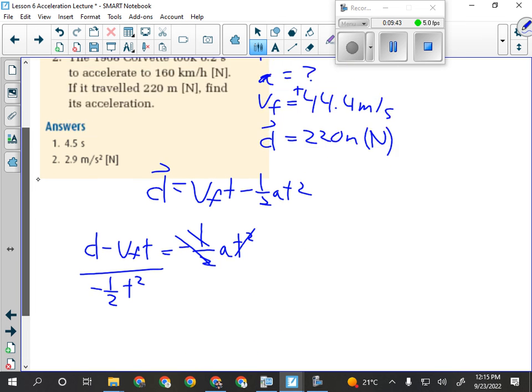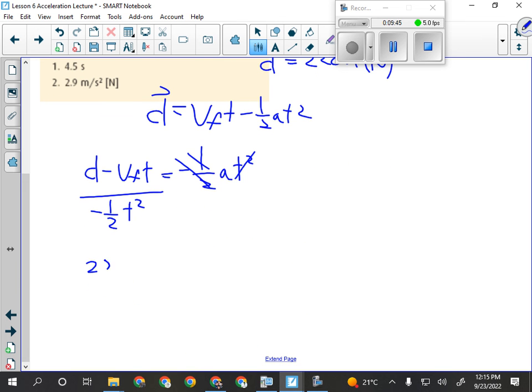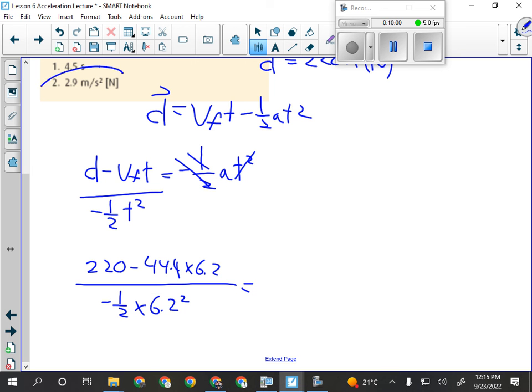It was 220 meters minus 44.4 times 6.2, divided by negative 1/2 times 6.2 squared. And when we plug all that in, we should get 2.9 meters per second squared. It should come out positive when we plug it in, because we're preserving the negative on the bottom.